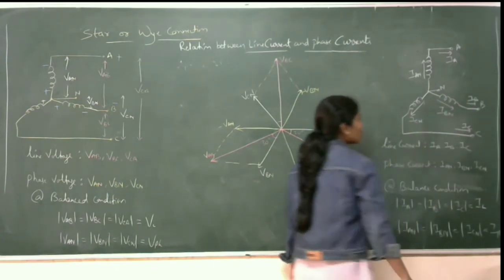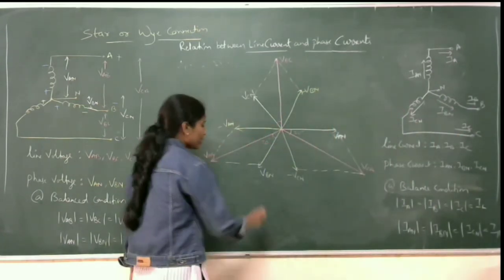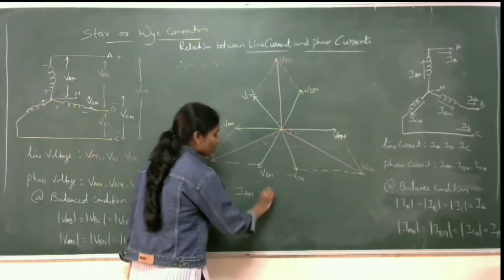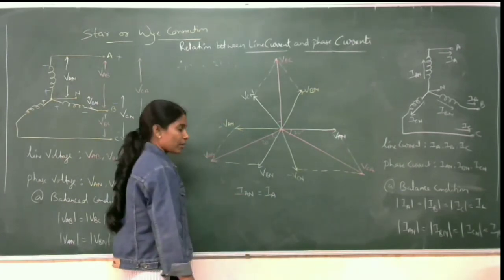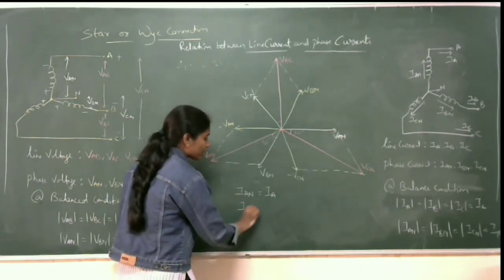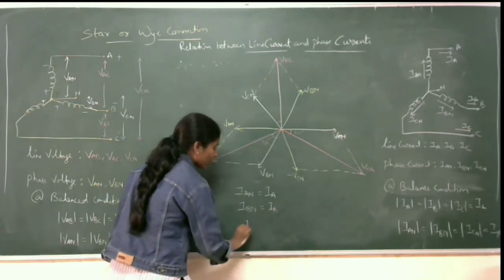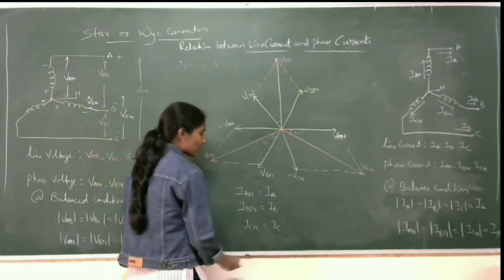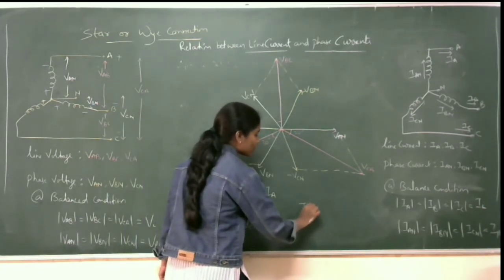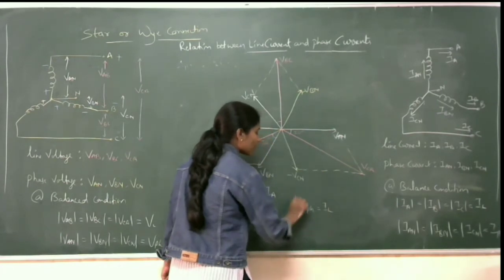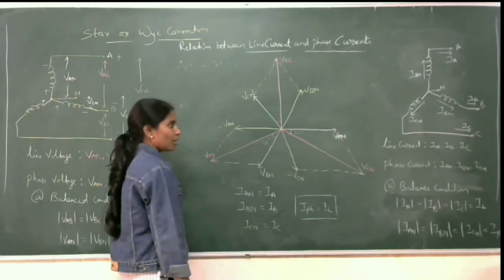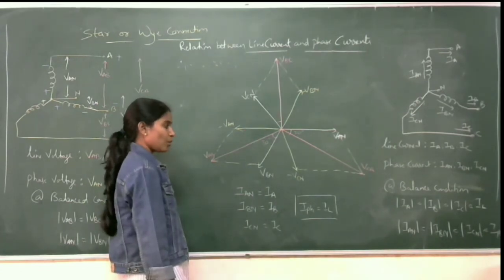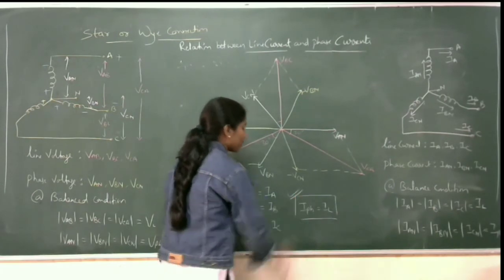So for star connection, you can directly say that whatever current I am getting through the phase is equal to the line current, that is IAN equals IA, IBN equals IB, and ICN equals IC. So the general expression is that phase current is equal to the line current. There is no change, right? Whatever current I am getting at the phase, the same current I am getting at the line side also. So this is the relation for phase current and line current for star connection.